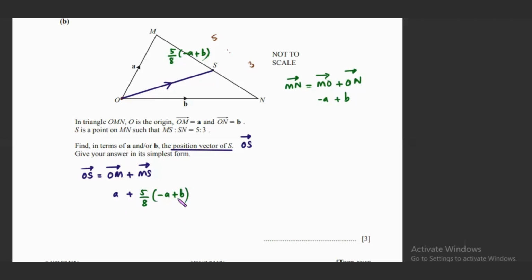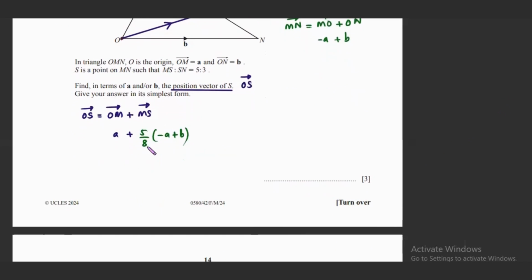I need to expand this and simplify it. So I write the A that we already have, and 5/8 times minus A will be minus 5/8 A. Then 5/8 times B will be plus 5/8 B. Now I'm going to combine these together.